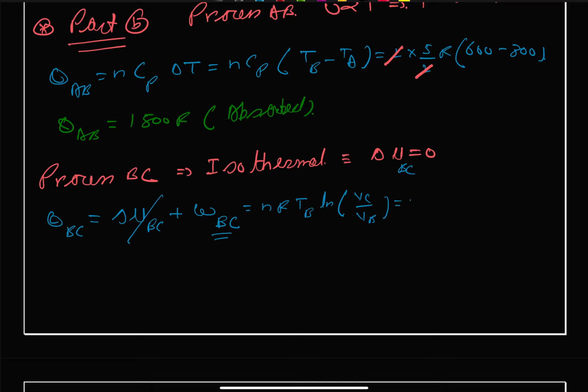Number of moles is 2, temperature is 600, and the natural log of VC, which is 4 times V naught, over VB, which is 2 times V naught. The V naught cancels out, and 4 by 2 gives 2. So QBC comes as 1200 R natural log of 2.